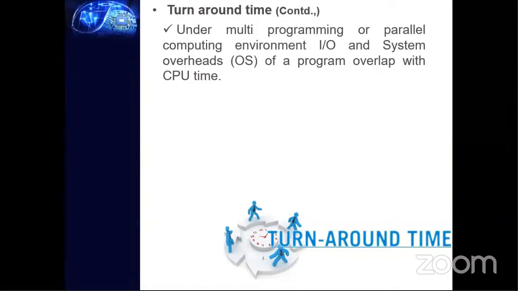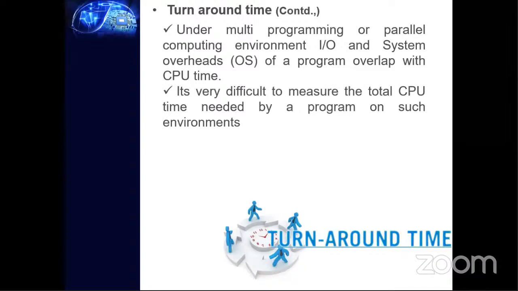So now only the CPU time is to be reduced. Otherwise, the CPU time is producing a delay. The overlapping of IO and system overhead definitely affects the CPU time. Moreover, it's very difficult to measure the total CPU time needed by a program under a parallel computing environment.